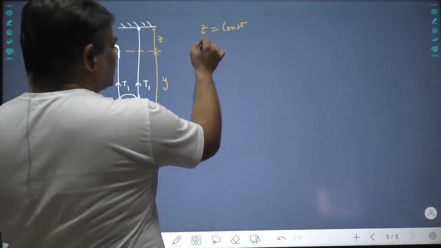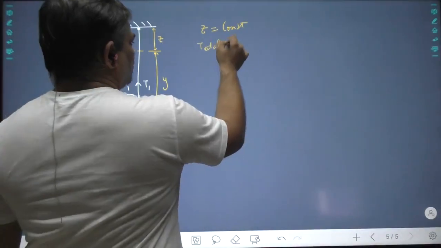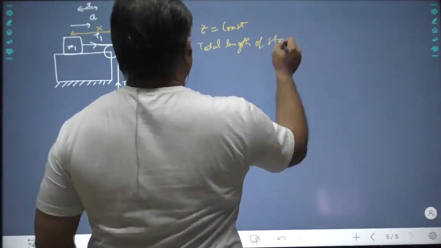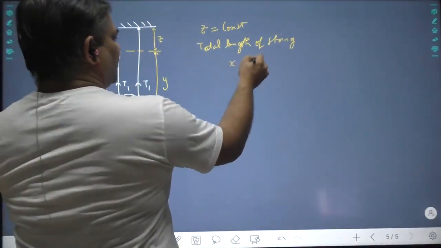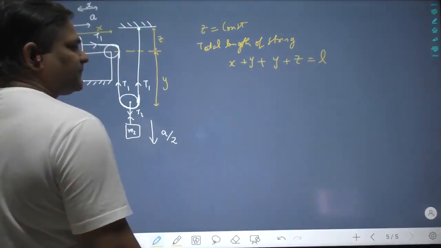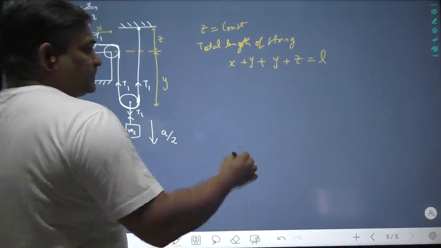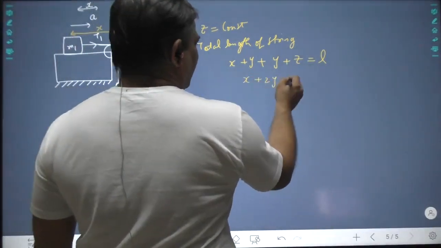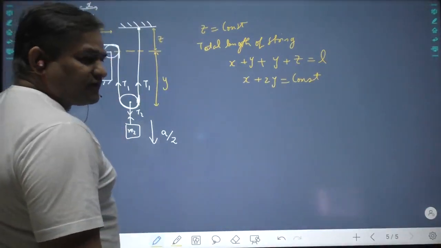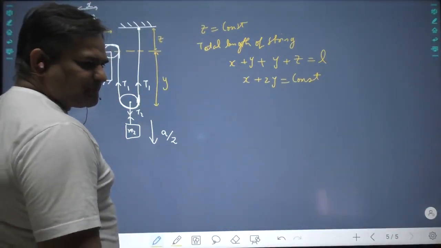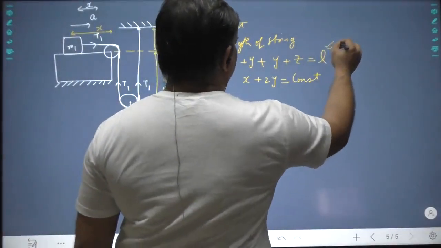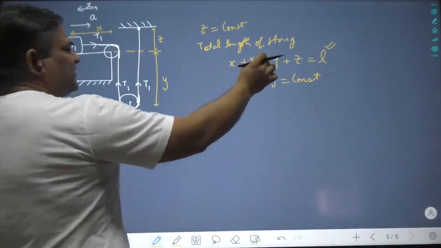So the total length of a string will be X plus Y plus Y plus Z. That clearly says that X plus 2Y is constant, because the length of the string does not change and Z is constant.